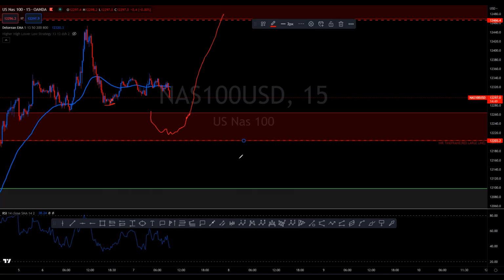That's what I'm thinking. So that's a huge possibility. So for the short term, it's a possibility that I might actually do a sell. Let's see.